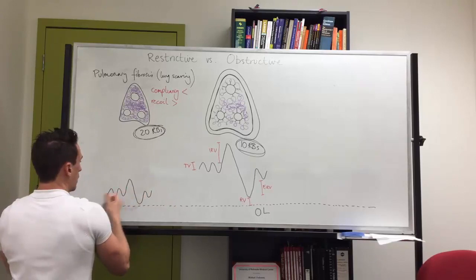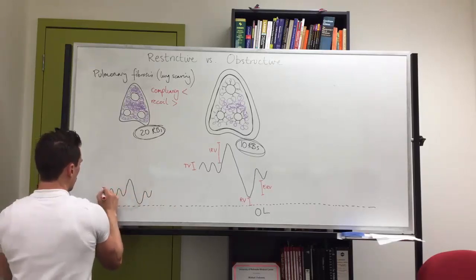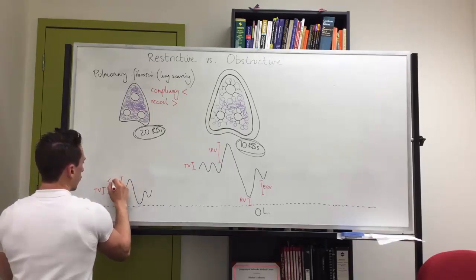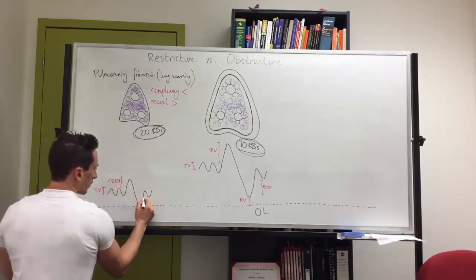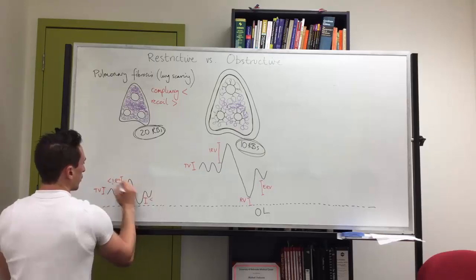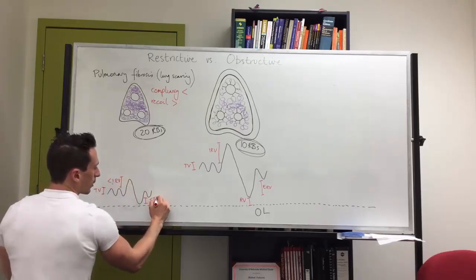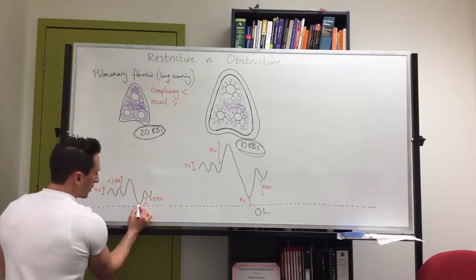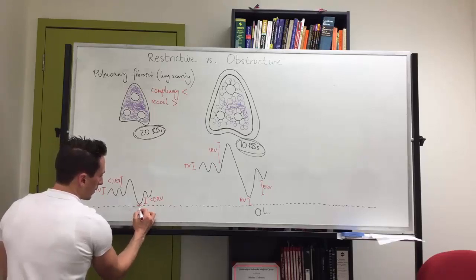So you can see tidal volume's not too bad. Decreased inspiratory reserve volume. Decreased expiratory reserve volume, and you can see decreased residual volume.